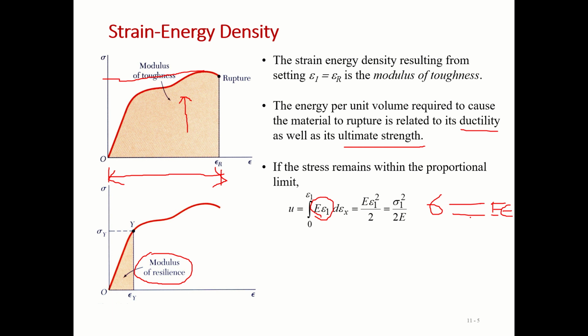Replacing this stress with the modulus of elasticity and the strain, we get this relation. Again replacing the strain with the stress, the strain energy density will be equal to sigma 1 square divided by 2E. That is only for the elastic portion, not for the plastic portion.